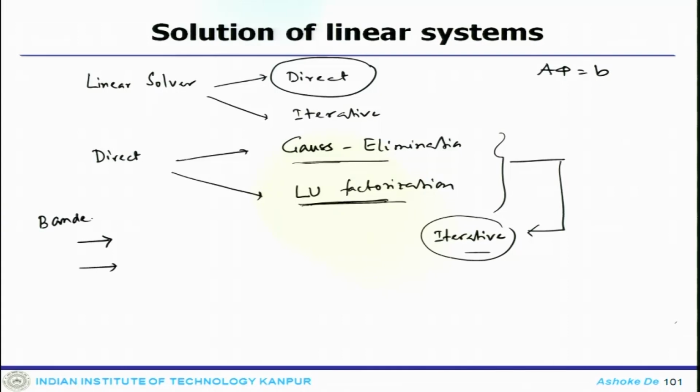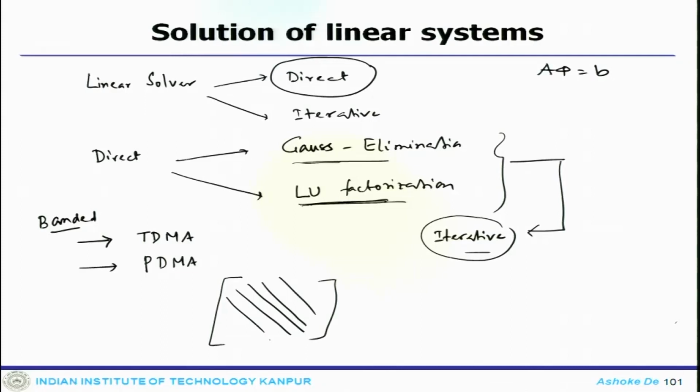Under the banded system we discussed the TDMA, the Thomas algorithm or tridiagonal matrix algorithm, and the PDMA, the pentadiagonal matrix algorithm. These are applicable for banded matrices, one with 3 elements, the other with 5 elements.